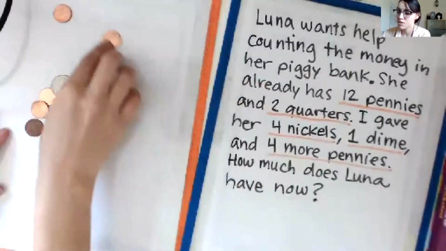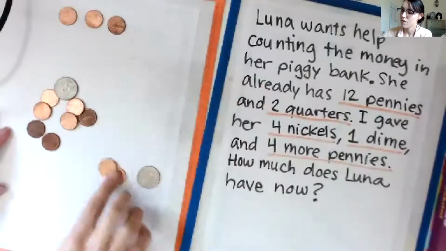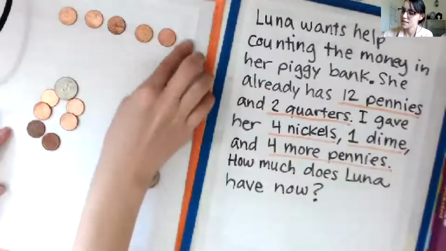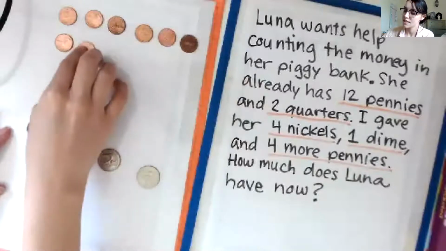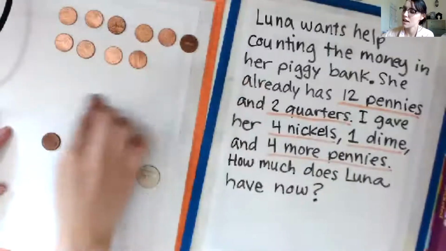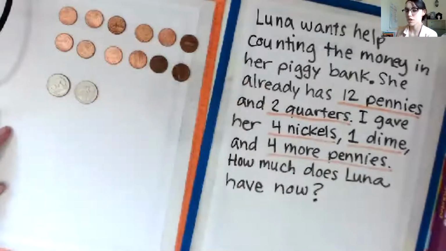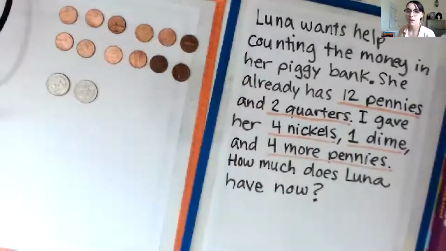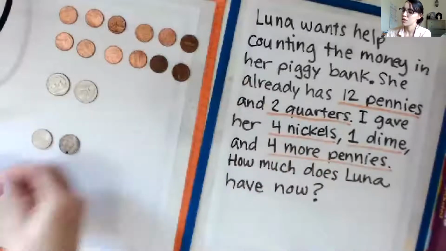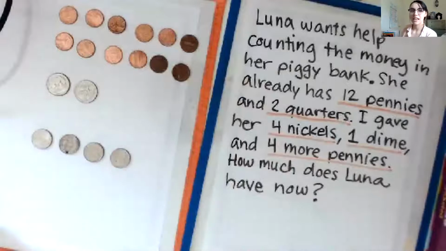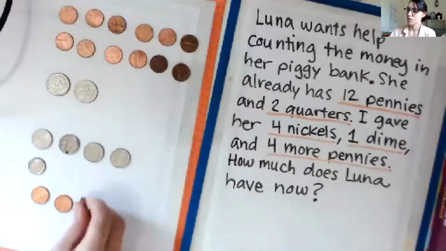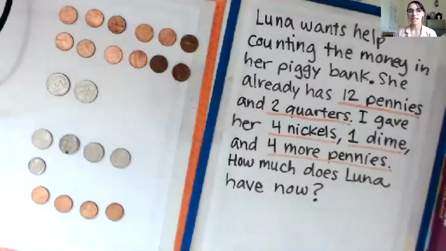Here's 1, 2, 3, 4, 5, 6, 7, 8, 9, 10, 11, 12 pennies, and 1, 2 quarters. But I decided I'm going to give her 4 nickels, 1, 2, 3, 4, and 1 dime, and 1, 2, 3, 4 pennies.